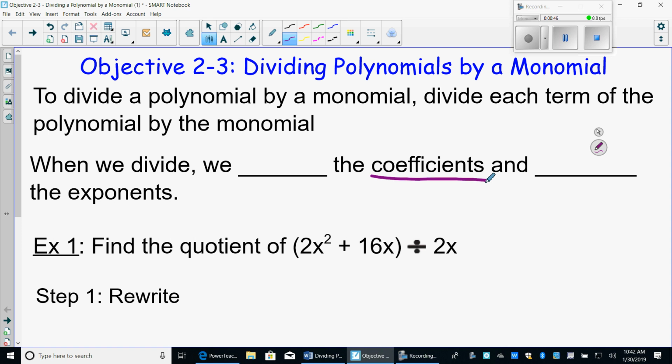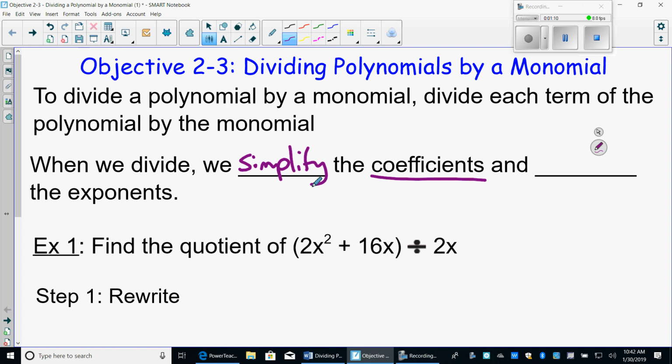If it's 2x cubed, what's the coefficient? 2. Okay, so we are going to simplify. If it's dividing, it's going to be a fraction. So if you have 2 over 4, you're going to simplify the coefficients. What would you make 2 over 4? 1 over 2, 1/2. Very good.